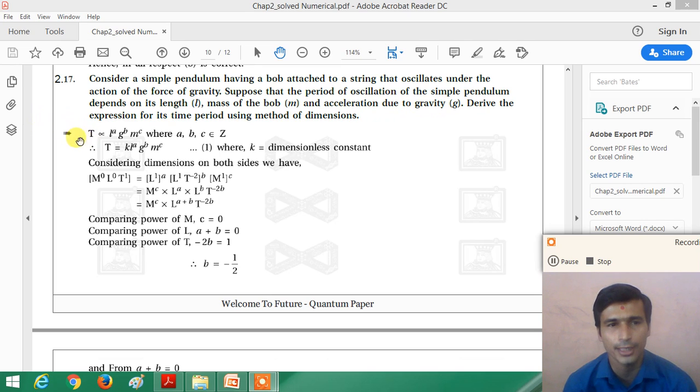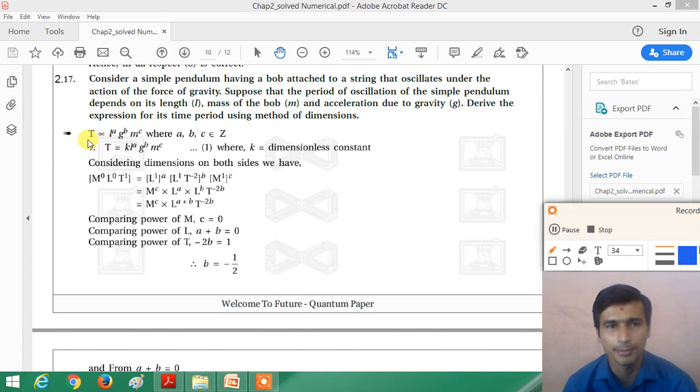So we write the periodic time T proportional to the length L raised to a, gravitational acceleration g raised to b, and mass m raised to c, where a, b, c are constants. With the help of dimensional analysis, we can calculate the values of a, b, c and put them in this equation. We get the equation of the time period of the simple pendulum. So the period T depends on the length of the pendulum.